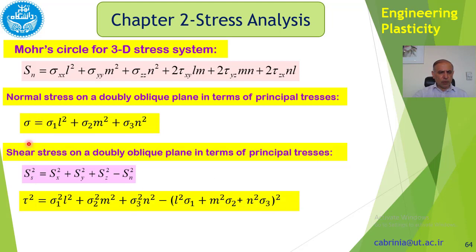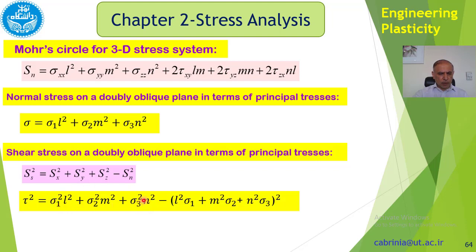So I get tau squared plus sigma squared equal to that. Okay, so you can see from here that we can get the Mohr circle, because that will be the equation of a circle. Sigma squared plus tau squared equal to something squared is in fact the equation of a circle.